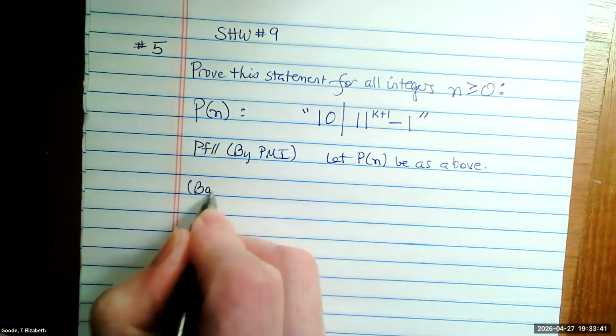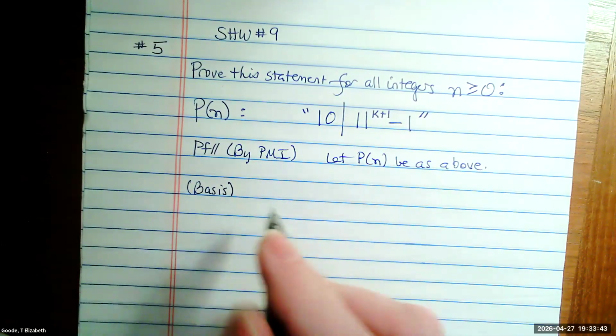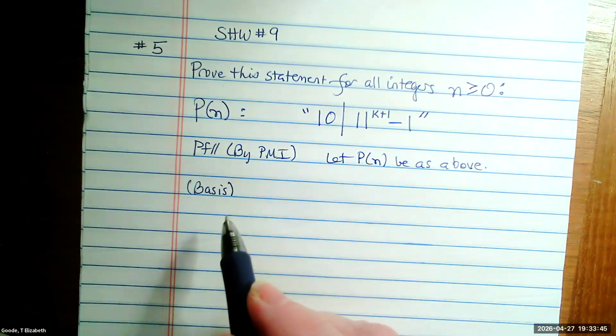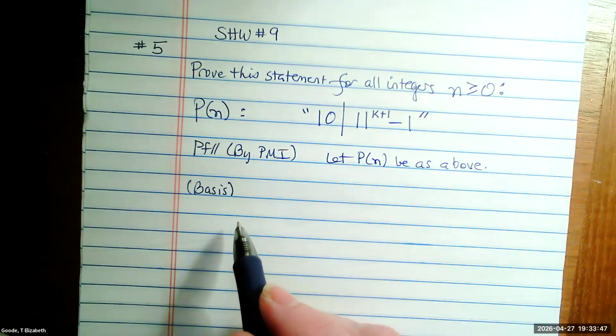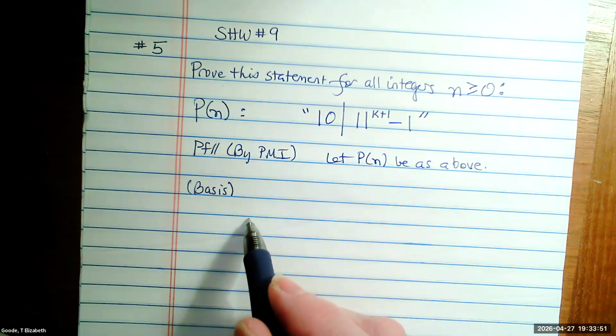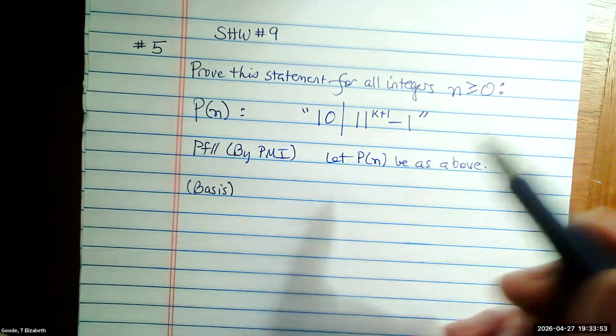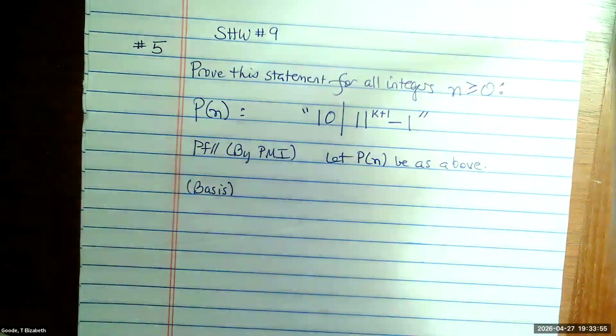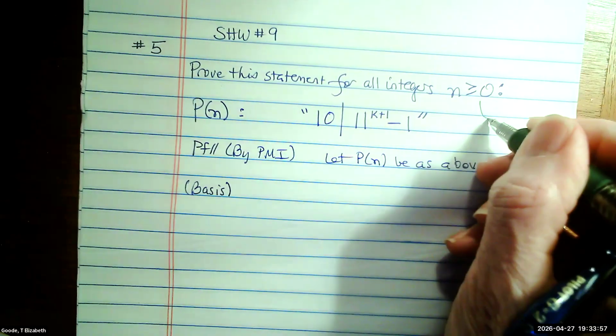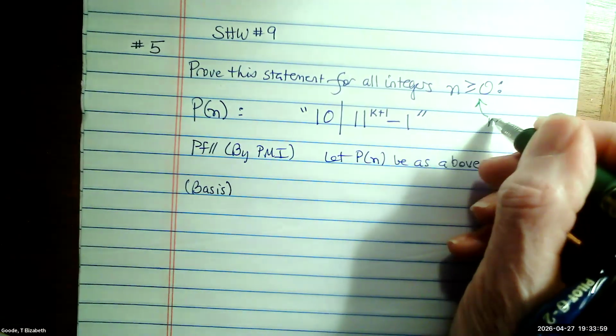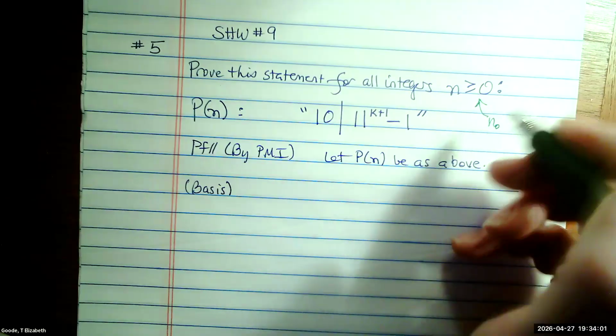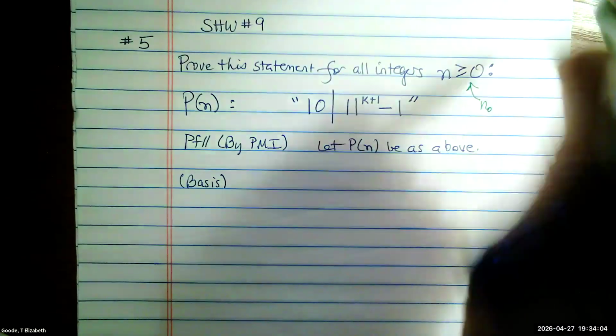And on our basis, what should we say for the first statement of our basis? We're trying to get on the bottom step of our staircase to heaven. So our n naught is always given to us, and it's 0.